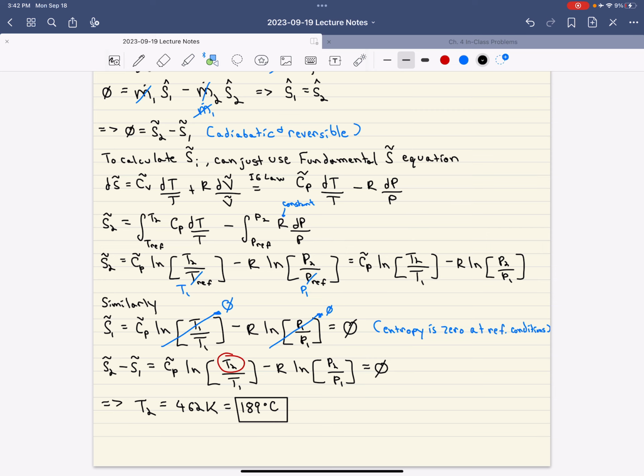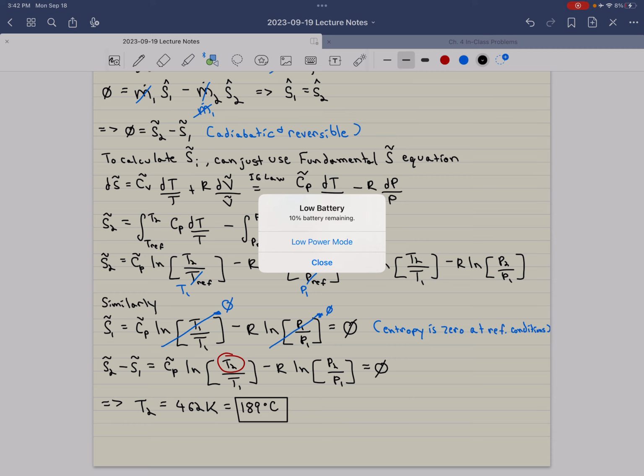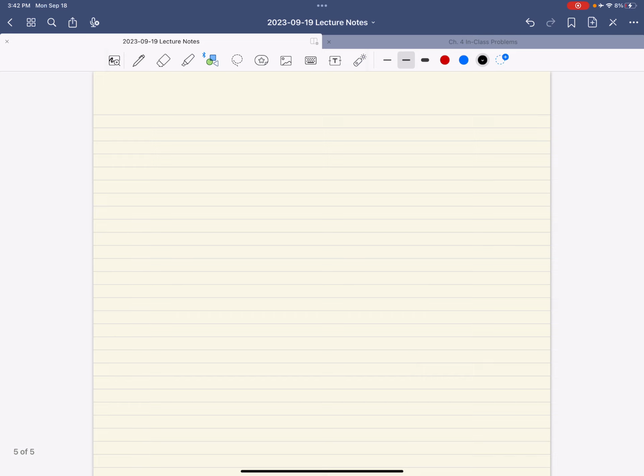And so by using the entropy balance, we had an additional equation for calculating our unknowns. Now that we have T2, we could go back to the energy balance and plug in.